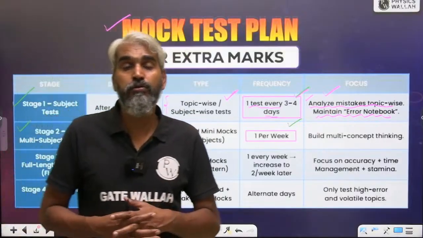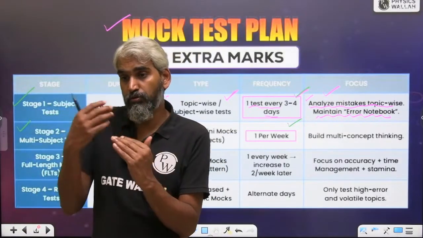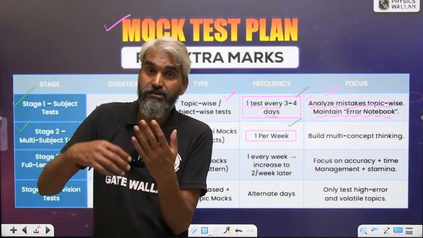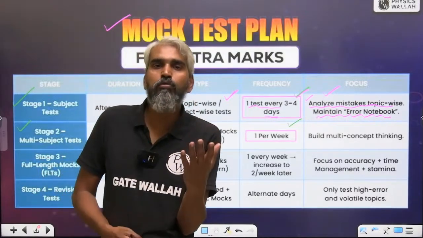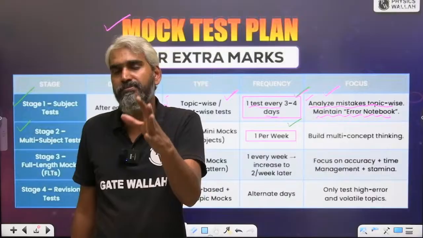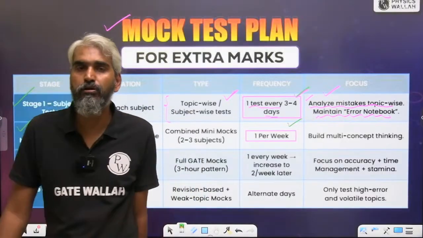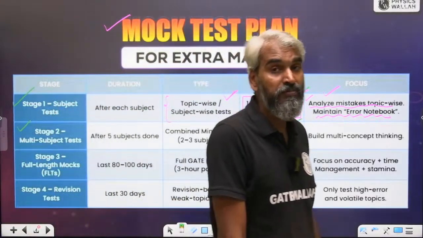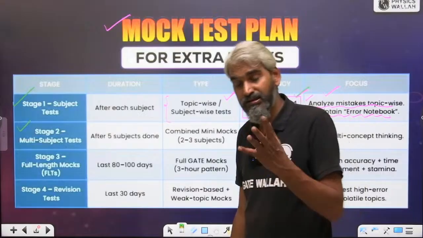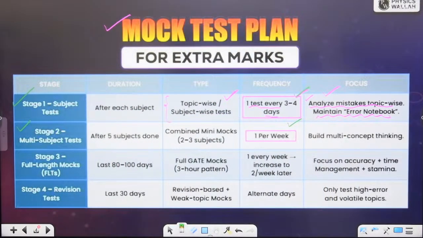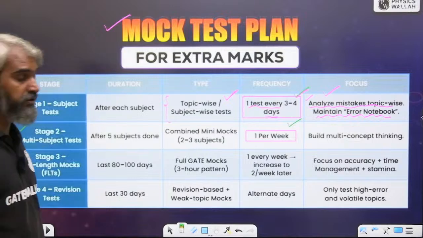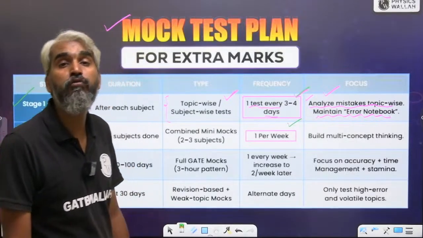Then you will try to jumble the questions of 5 to 6 subjects. Initially you will have difficulty when you move from jumbling 2 to 3 subjects to jumbling 5 to 6 subjects. Then ultimately you will master the jumbling of 5 to 6 subjects. Then try to jumble the questions of all the subjects.